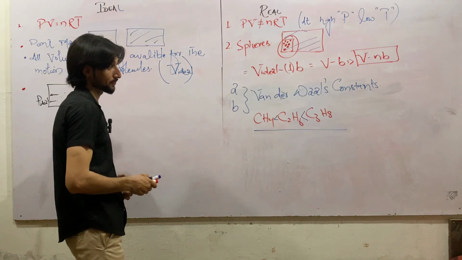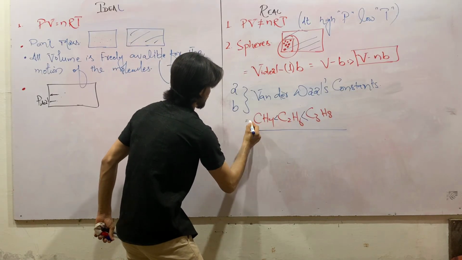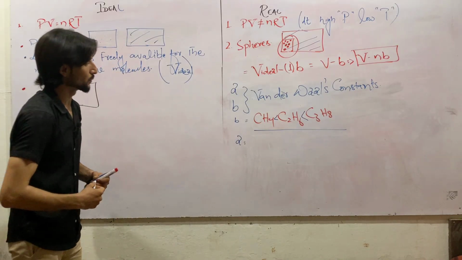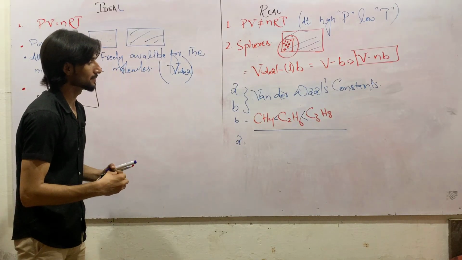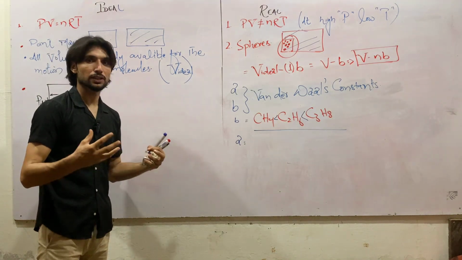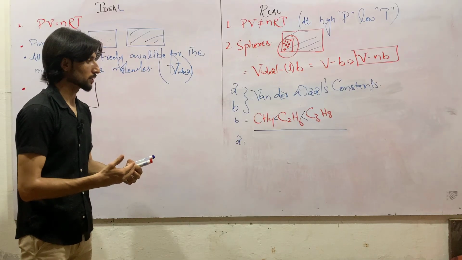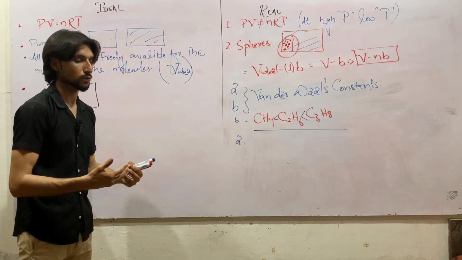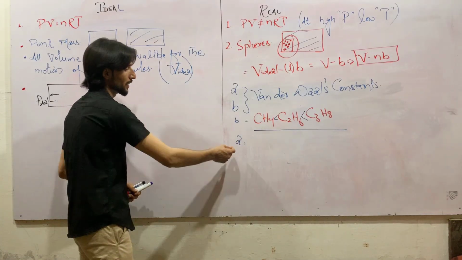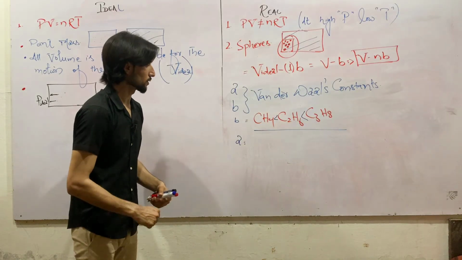What about a? a tells you the amount of interaction between the molecules. Greater the intermolecular force among the molecules, greater will be the value of a. So lesser the value of a, lesser will be the interaction between the molecules.